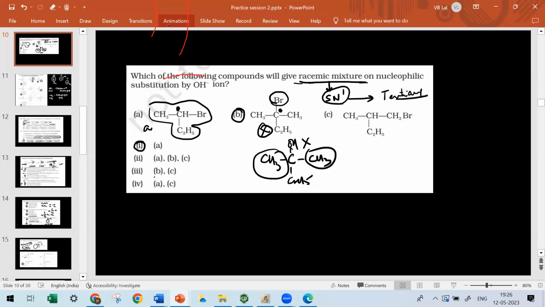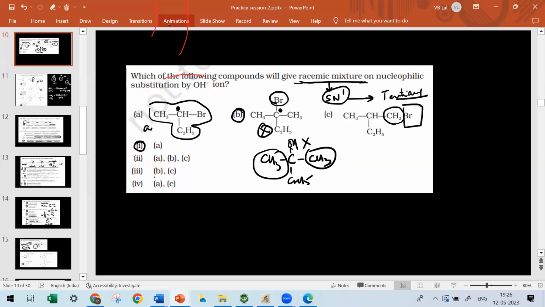So the question of racemization does not arise. The question of racemization arises if your product is likely to be optically active. Here also, your Br will be replaced by OH. Only here your product is likely to be optically active.